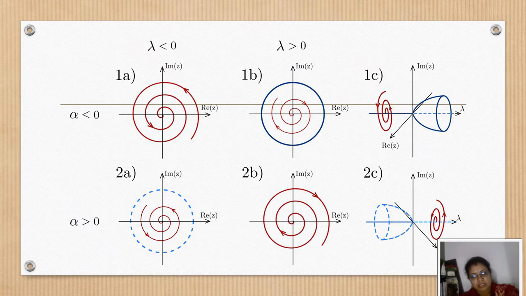Only in the cases of 1b and 2a do we have this limit cycle. One is a stable one and another is an unstable one. So that is Hopf bifurcation, resulting in limit cycles. Oscillations are born here from a stable or unstable fixed point. That is what we call Hopf bifurcation.